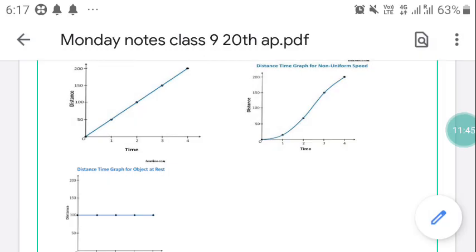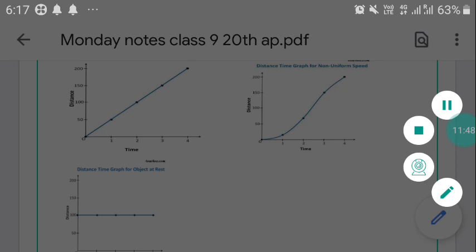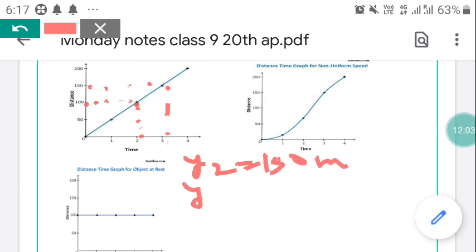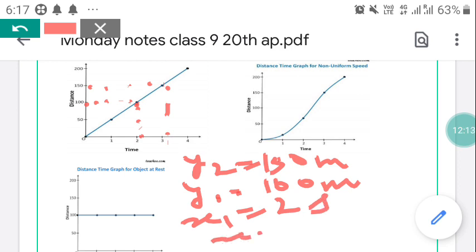So this was a case like that. 150 meters is y2, y1 is 100, x1 is 2 seconds and x2 is 3 seconds.